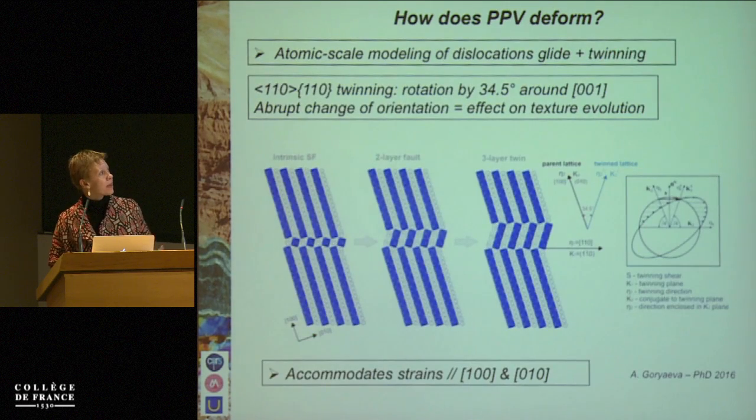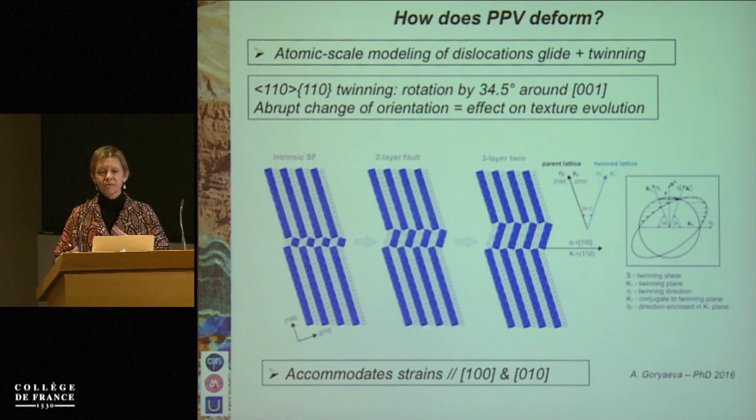What is important is how the twins matter when I want to study texture evolution: they produce a very strong rotation of the crystal, so they have a very strong effect on the orientation. What is also important is that it gives a little more degrees of freedom in the ways I can deform the crystal.